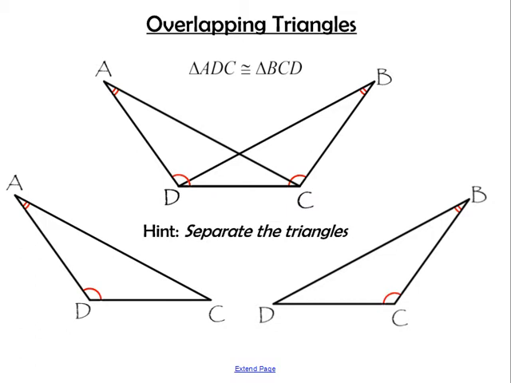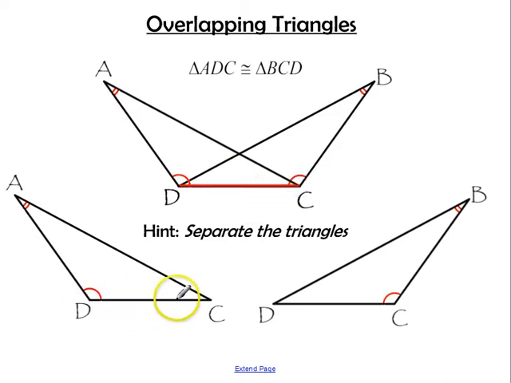Now, it tells us that triangle ADC is congruent to triangle BCD, but the issue is we have one pair of angles that's congruent and another pair of angles that's congruent, but that's it. So remember, we always need three pieces of information to say that the two triangles are congruent. But if you look carefully right here at segment DC, this segment is in both triangles.